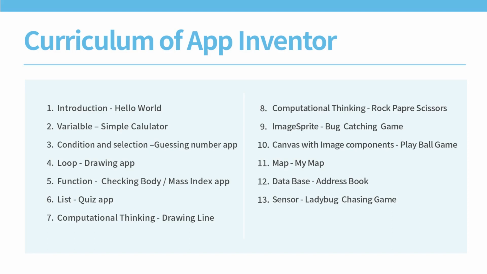In the eighth class, we will develop a game, which is a rock, paper, scissors game. Through more complex calculation and random number generation, we are going to build this rock, paper, scissors application.